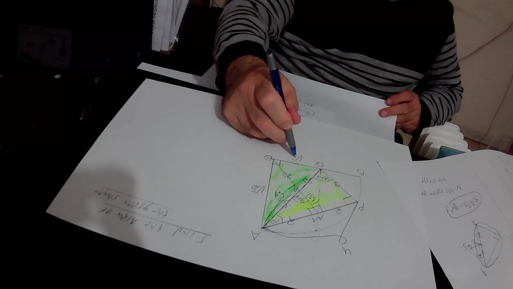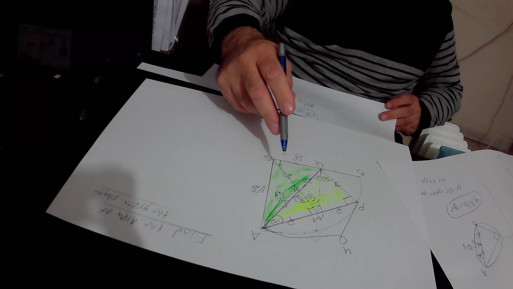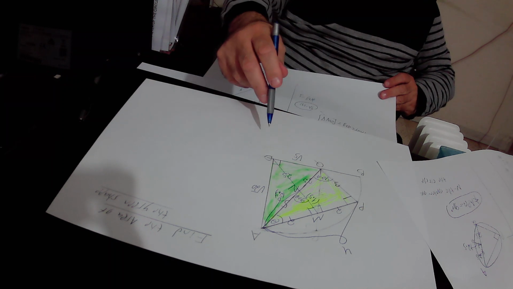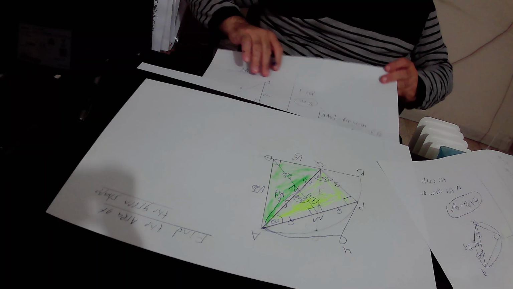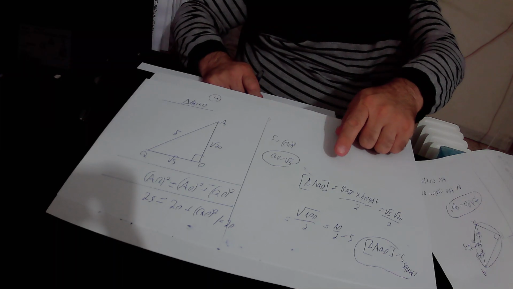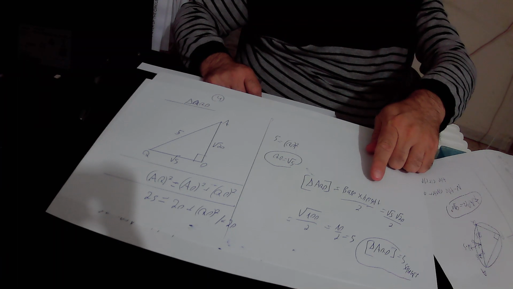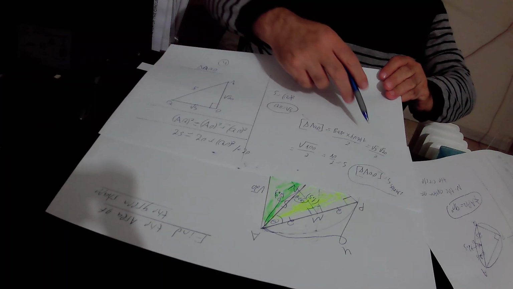Now it is very easy to find the area of the green right triangle AQO. The area of the triangle equals the base, that is OQ, times the height, that is AO, over 2. The base equals the square root of 5 units.